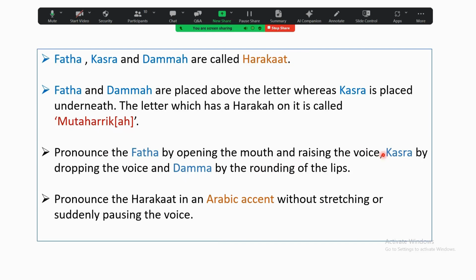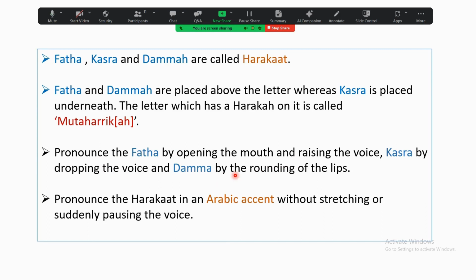For the kasra symbol, by dropping the voice, e. So we are dropping the voice. How? We are just flattening our lips a bit more and making this e sound. And for dhamma, we make the sound by rounding the lips and say oo.